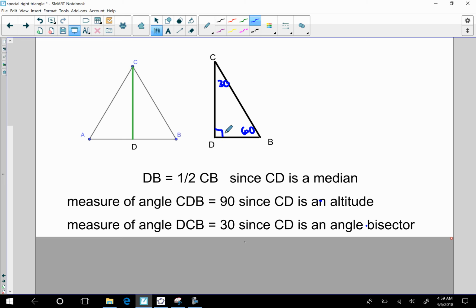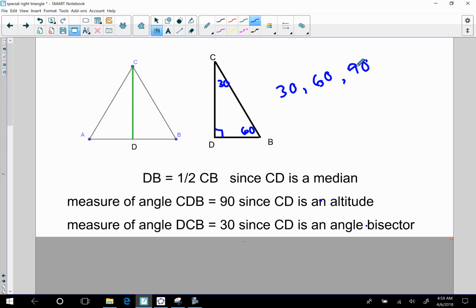We're going to show you some very nice properties of this 30, 60, 90. And whenever you look at a 30, 60, 90, please realize that it is exactly 1/2 of some equilateral triangle.